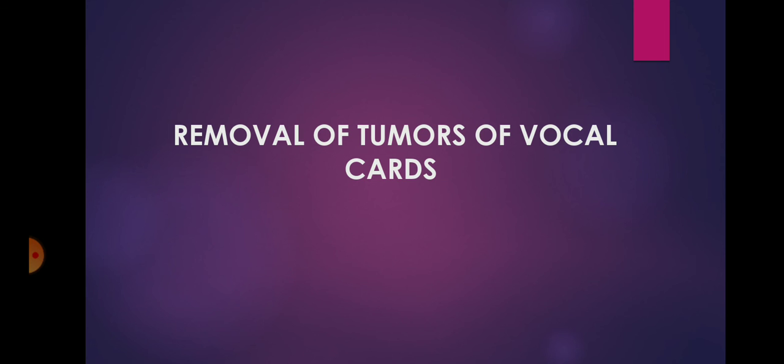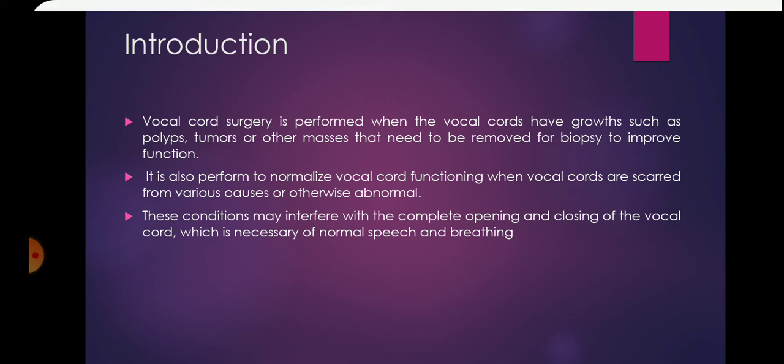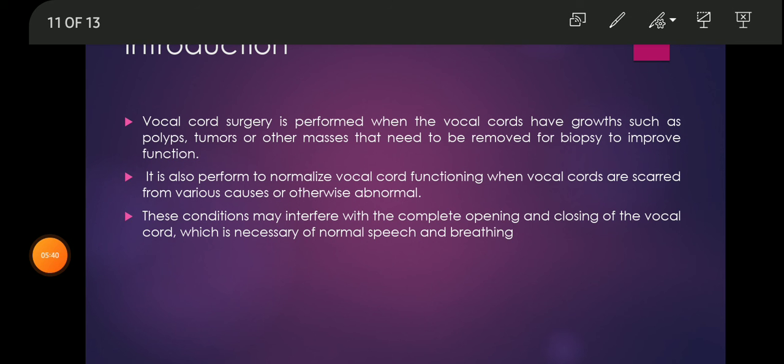Then removal of tumors of the vocal cords. Introduction. Vocal cord surgery is performed when the vocal cords have a growth such as tumors or other masses that need to be removed.